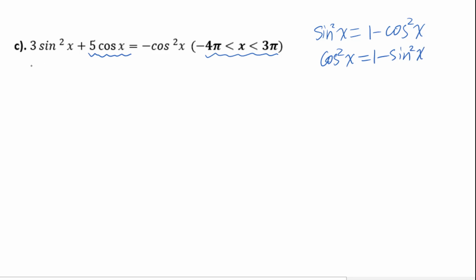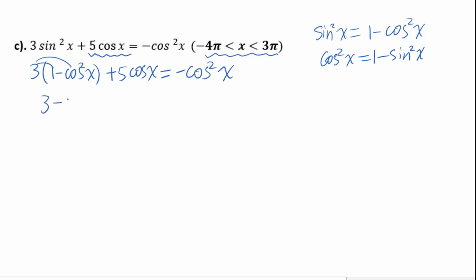Therefore, you will get 3 times (1 minus cosine square x) plus 5 cosine x equals negative cosine square x. Distributive property: 3 minus 3 cosine square x plus 5 cosine x equals negative cosine square x.